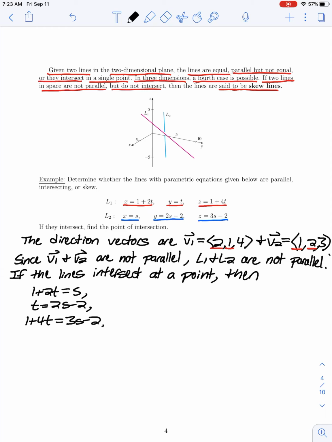So I have a system of equations involving three variables. If I simplify this a little bit, I could try to solve this.